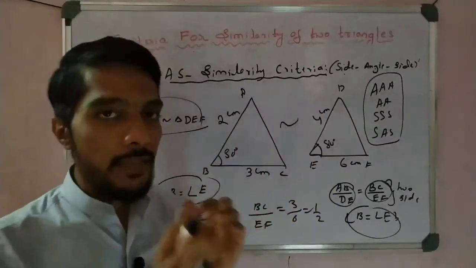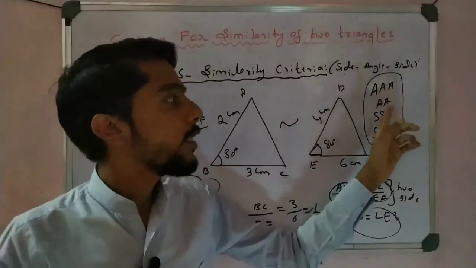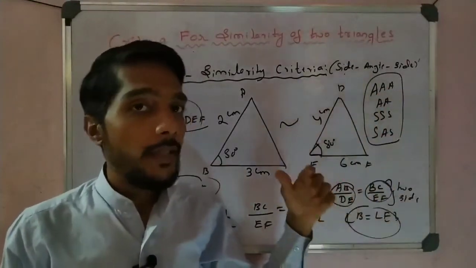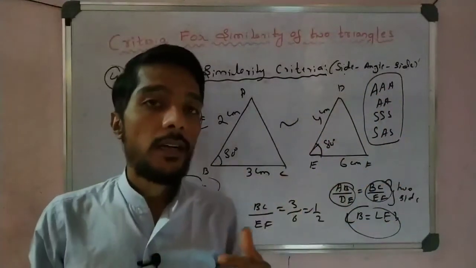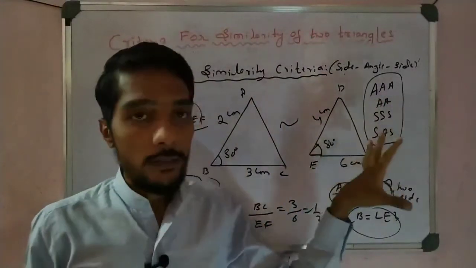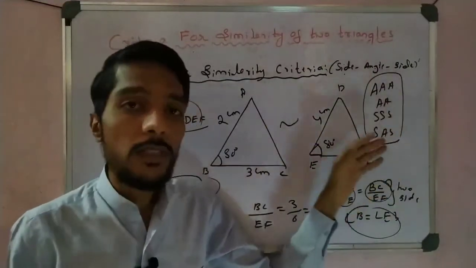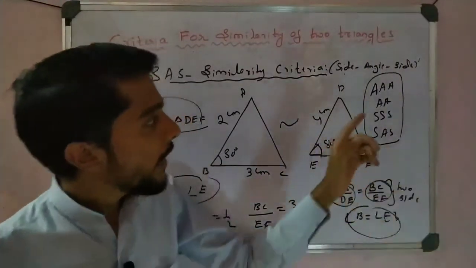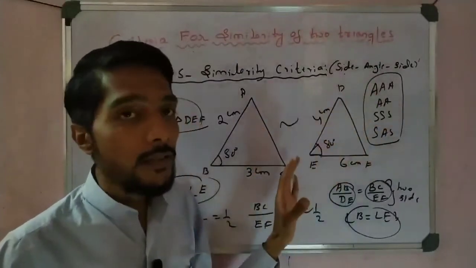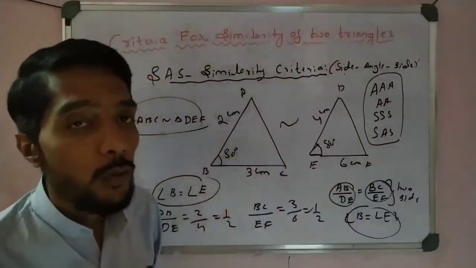Take the problems and check one by one to see which one is possible. If any one is possible, we say they are similar. If we check all the theorems and none of them fits, then they are not similar. So any one theorem must fit the figures. That is very important for finding similarity.